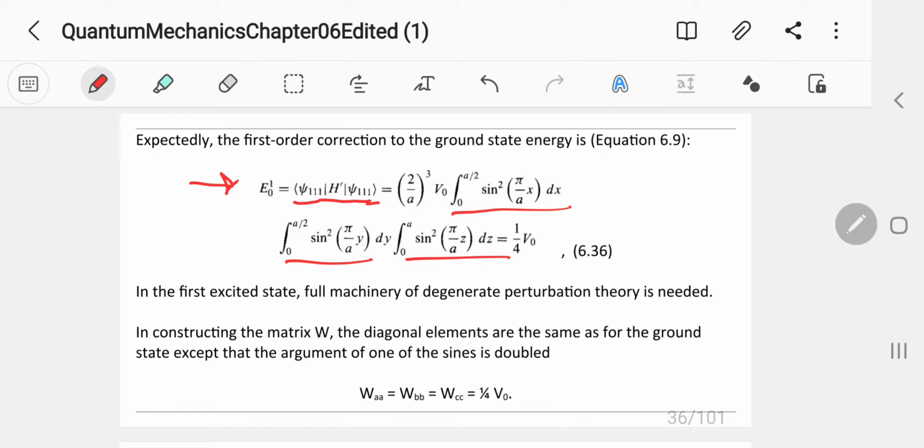So in the first excited state, we have to use the matrix. We have to construct the matrix and then get the corrections.